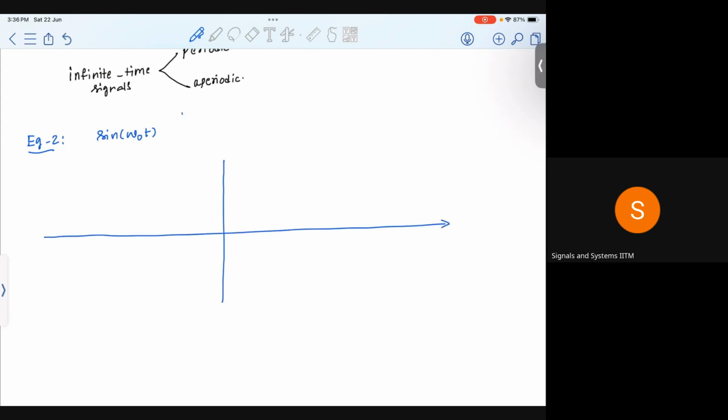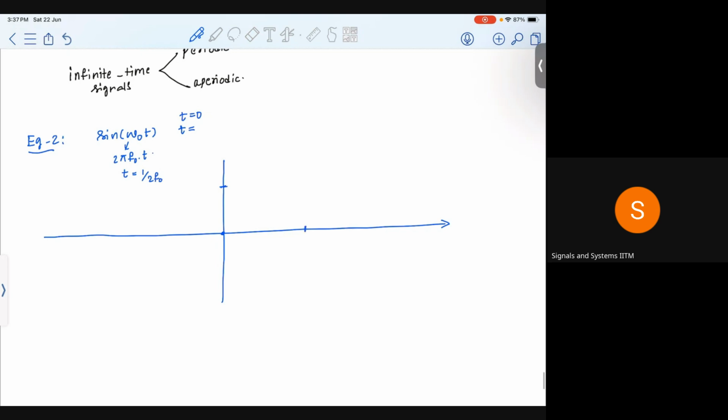At t equal to 0, the sine value is 0. This is sine of 2 pi f naught t, right?